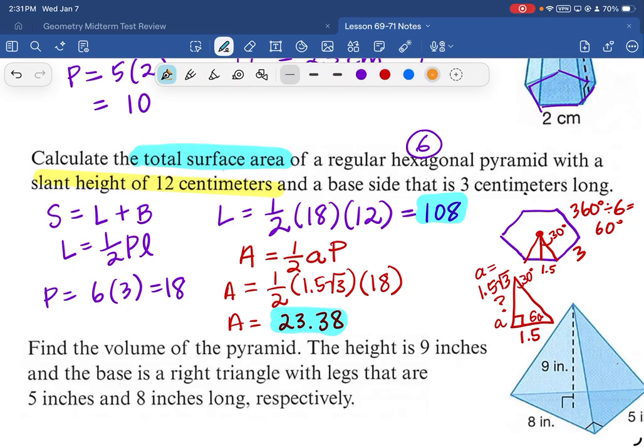I'll use a different color. So surface area equals 108 plus 23.38, which equals, did y'all get 131.38 squared? Yes. Or sorry, centimeters squared. That's your answer.